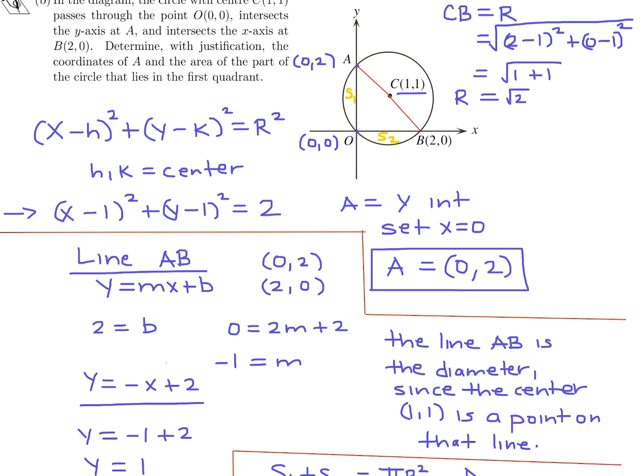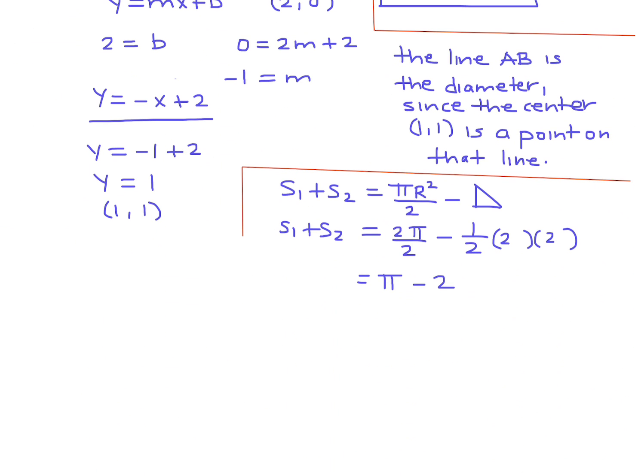So to figure out the area that's only in the first quadrant, we take the area of the entire circle and subtract from it S1 and S2. That will give us the area in the first quadrant. So the desired area is the entire circle, pi r squared, minus (S1 plus S2).